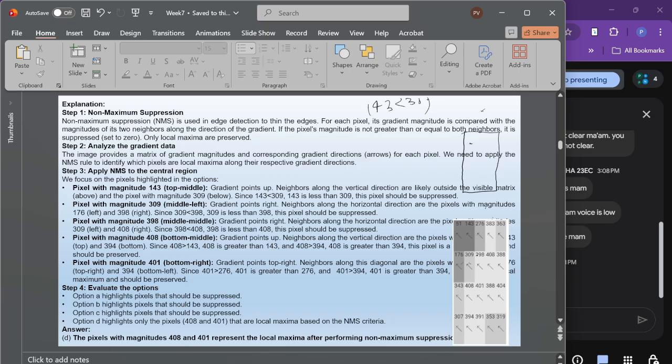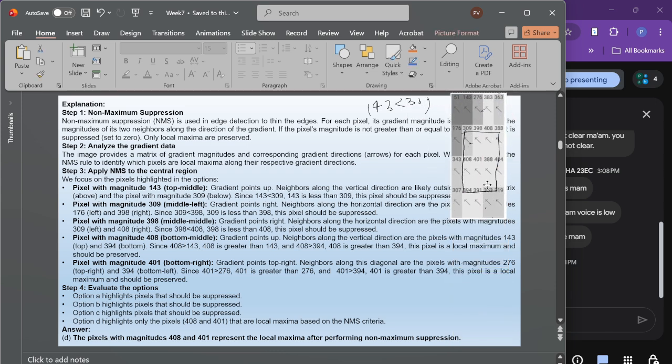Now we check with the right part, the 398. So 309 is less than 398, so this pixel is also suppressed.